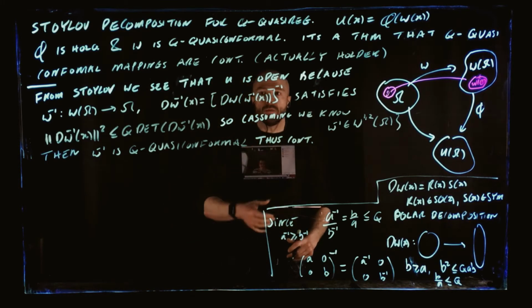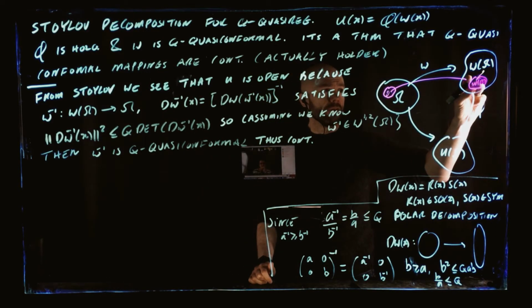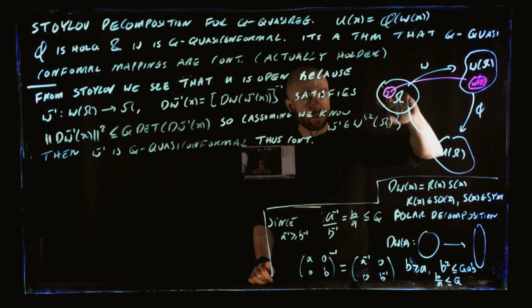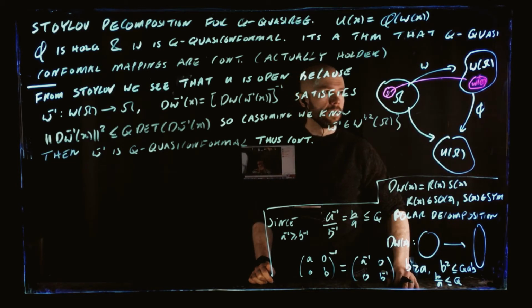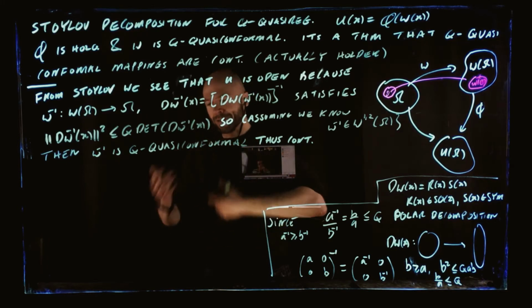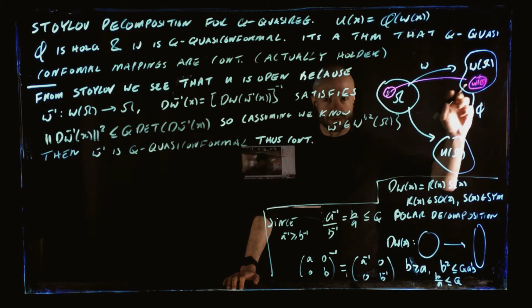And so we have what we want, right? Therefore, the image W of O has to be open because, just as Josh was saying, that is the same as the inverse image of O with respect to W to the minus 1, and that is a continuous mapping. The pullback of an open set under a continuous mapping is open. So it's open.